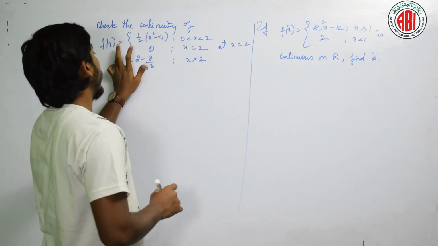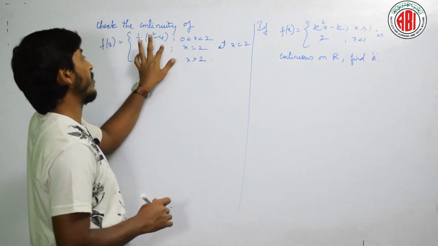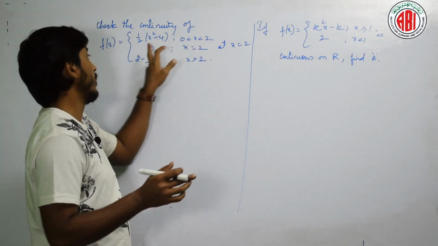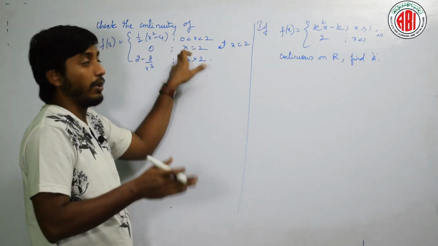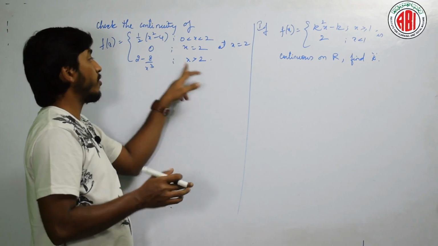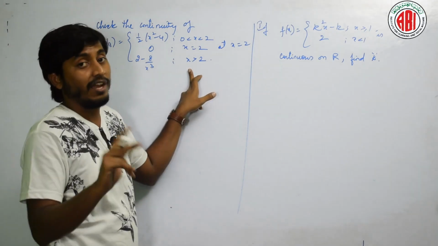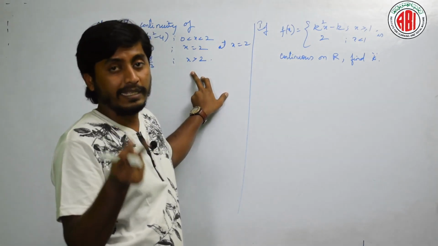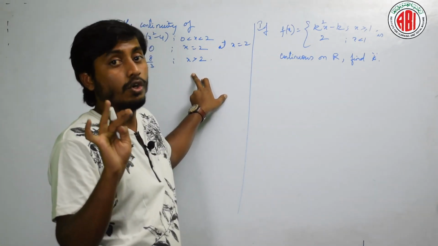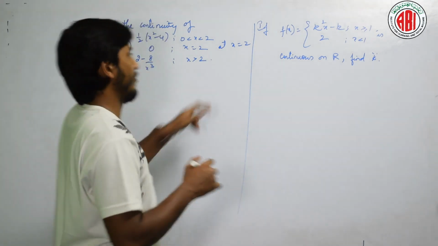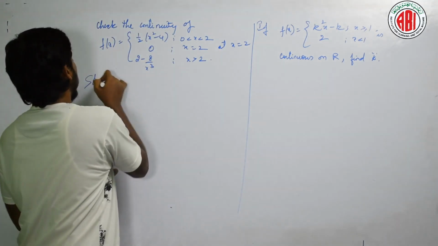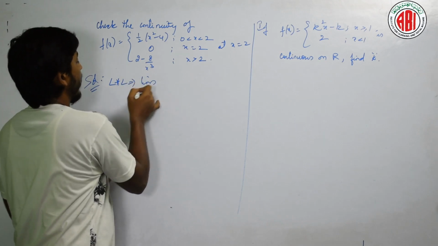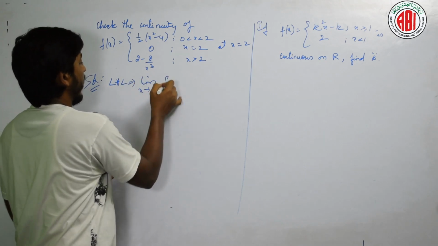Check the continuity of f of x is equal to half x square minus 4 for 0 less than x less than 2, 0 for x equal to 2, and 2 minus 8 by x cube for x greater than 2, which means we have to find 3 conditions, that is limit x tends to 2 negative, limit x tends to 2 positive and limit x tends to 2. Okay. Now see here, LHL, limit x tends to 2 negative f of x.